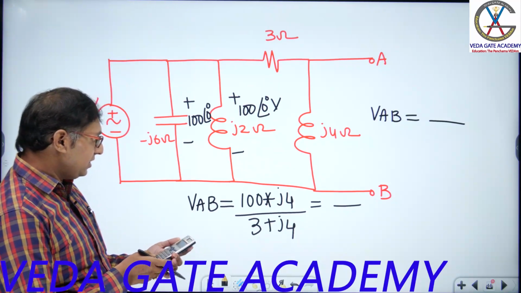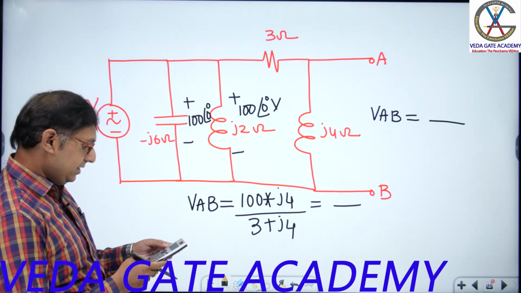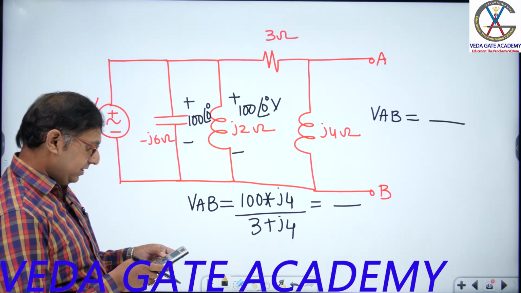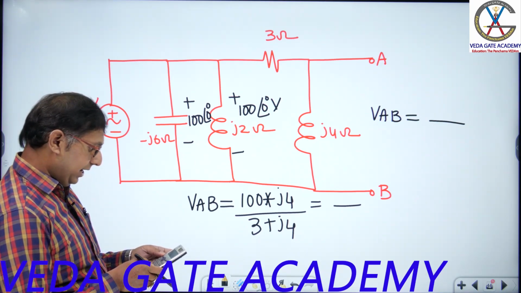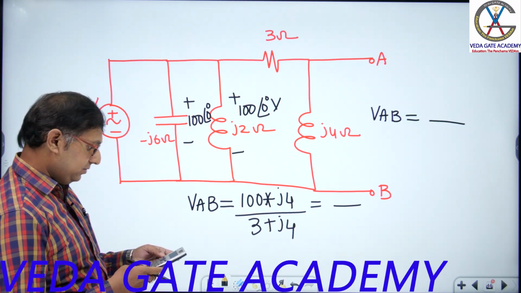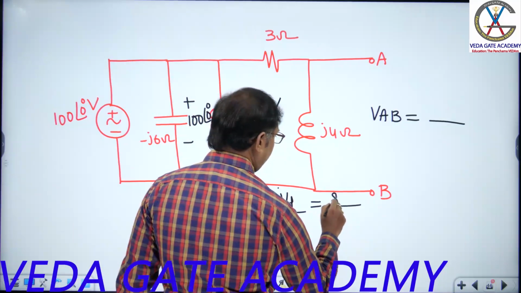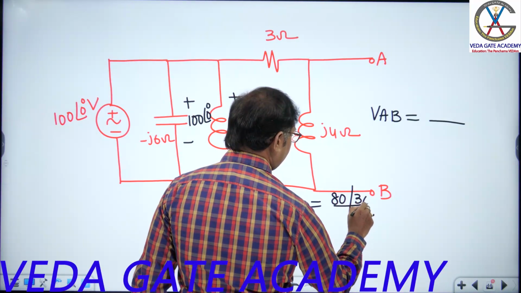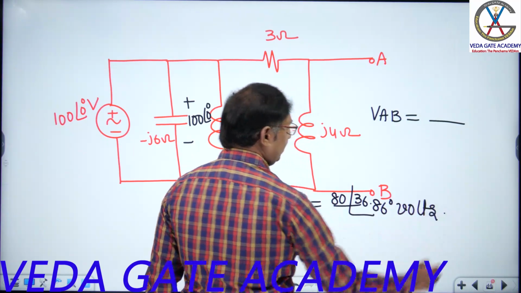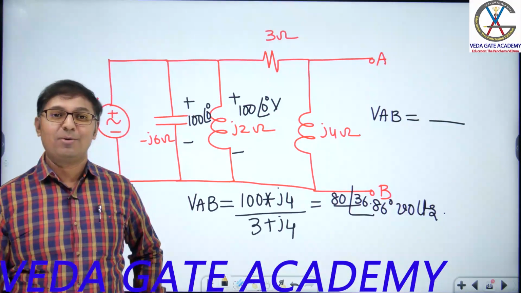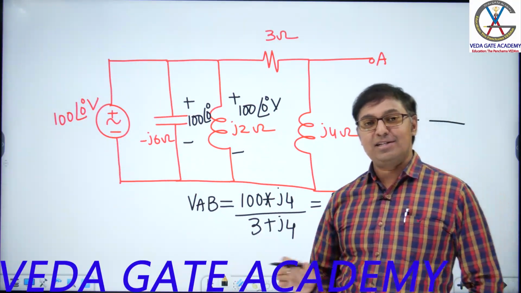Let me do this: 400J divided by 3 plus 4J, giving 80 at an angle 36.86 degrees volts. These are a few previous GATE problems I wished to do. With this, the sinusoidal steady state analysis is completed.